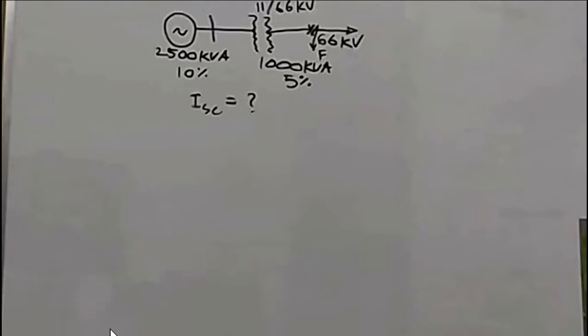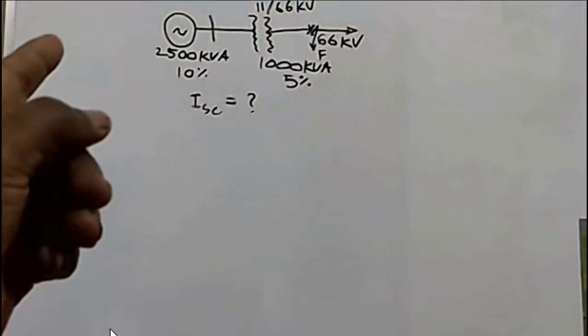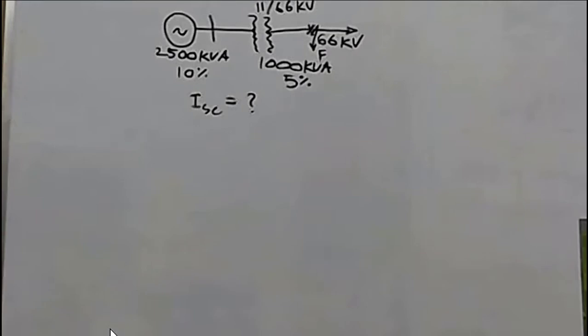Now, I will show you. I told you in the per unit system we can choose any base. Here there are 2500 kVA and 1000 kVA. Any base we can choose.